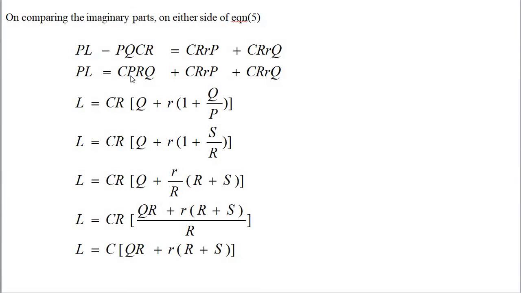So that is CR common, then bracket Q plus R, here R is common, so we take R here into this CR, here P is cancelled, so that bracket 1.